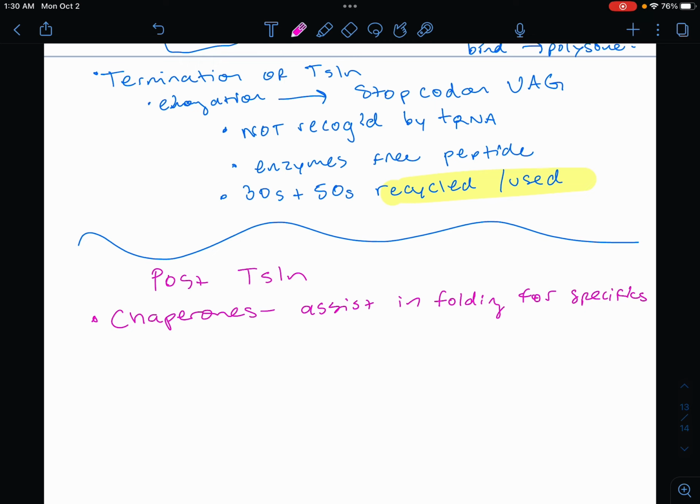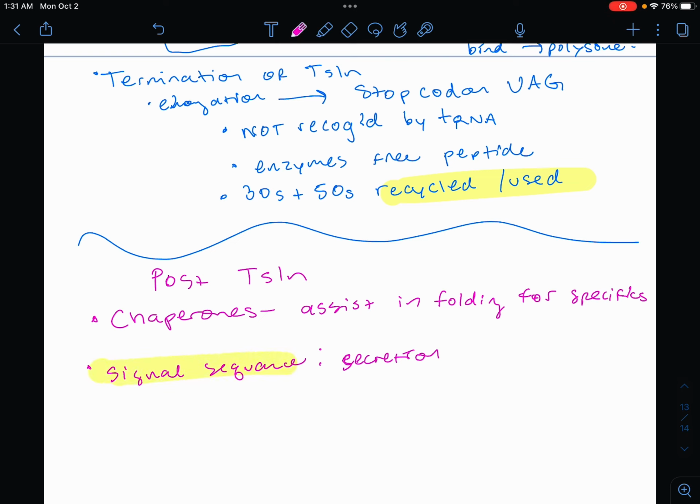And again, proteins have specific structure, so these are going to just be proteins hanging out to help fold the new peptide into a 3D structure. And then there's also going to be a signal sequence. And this is going to be primarily for secretion of that protein outside the cell.